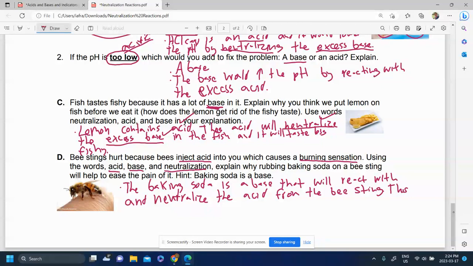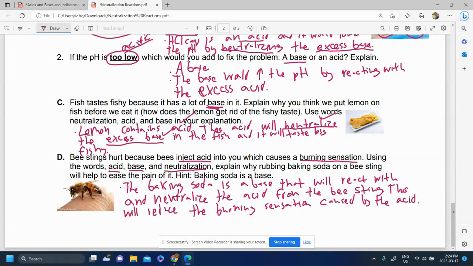This will reduce the burning sensation caused by the acid.